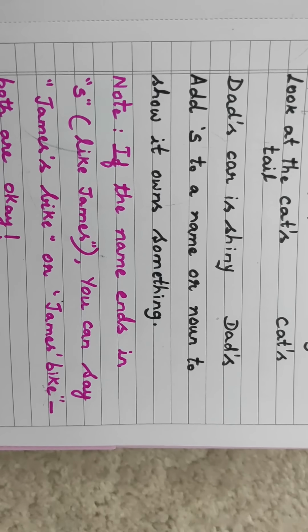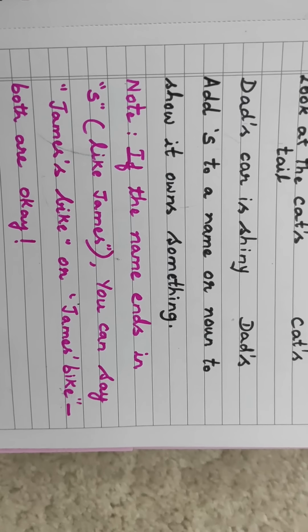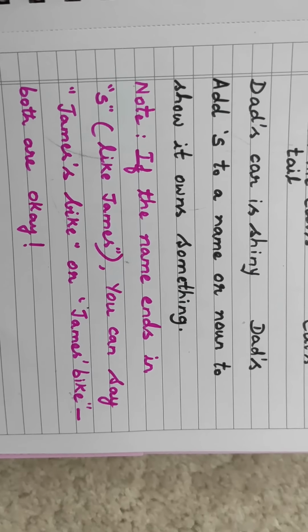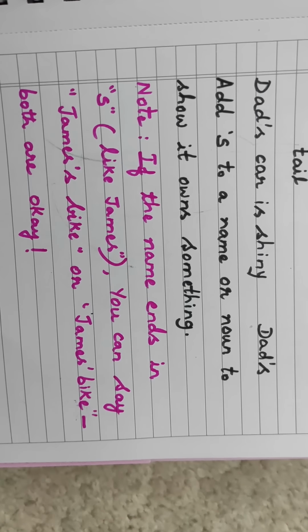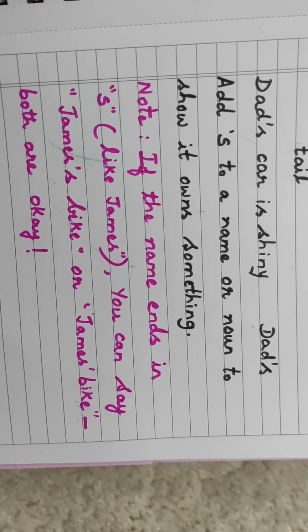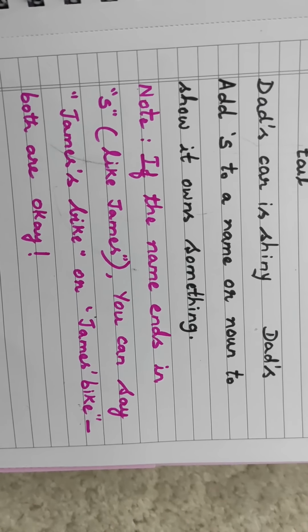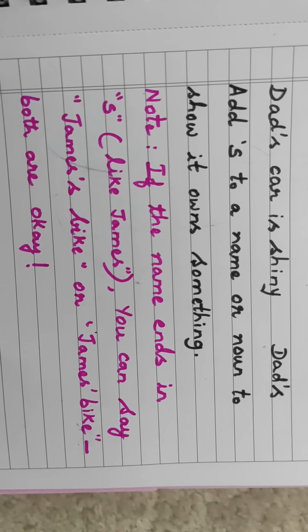If the name ends in S, like James, J-A-M-E-S, you can say James's bike. Apostrophe S should be added to say that it is his bike because his name is James.